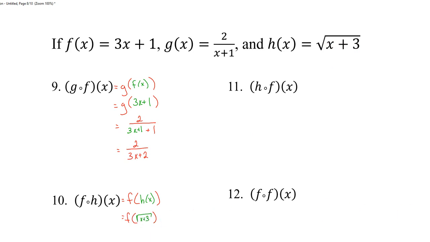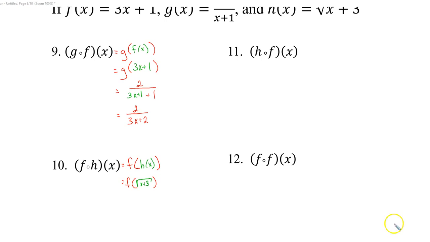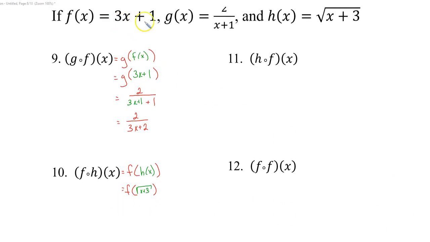I'm going to slide the page down just a little bit so we can put this in here. And so if you recall, my f function is 3x plus 1, and so now I'm going to have 3 times, and in place of that x, I'm going to put a parentheses, and then I'm going to drop that h function right in here.